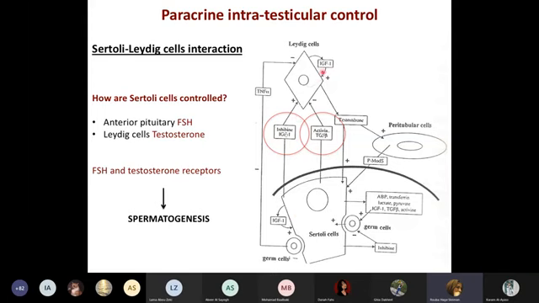And when they synthesize more receptors for LH, they can synthesize more of the androgens. So they will stimulate steroidogenesis.